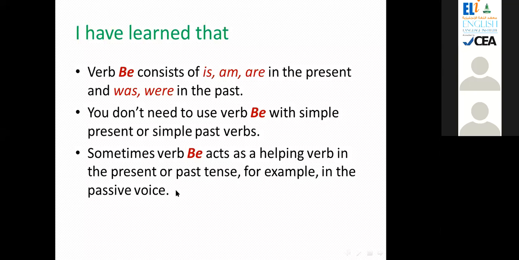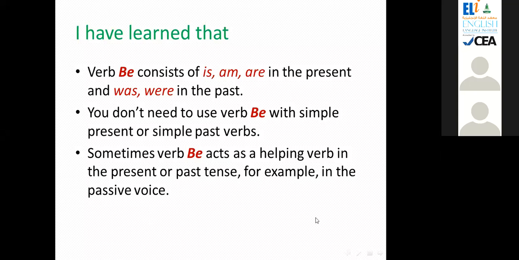Great. The gerund we consider as a noun, but verb to be is connected to, or a helping verb in, some structures such as the passive voice and present continuous. Okay, with used to. Okay. Thank you.